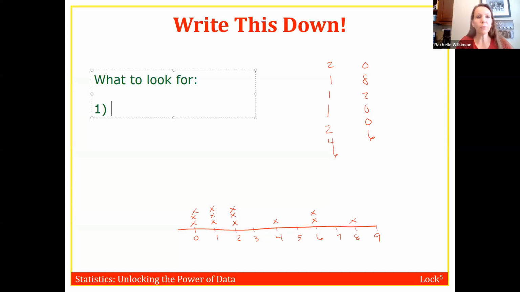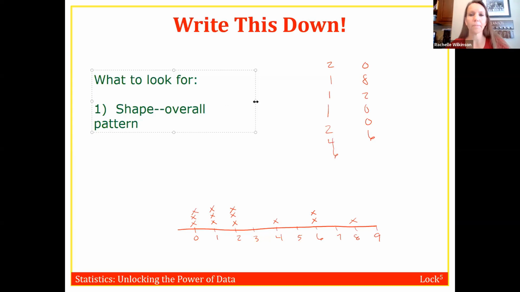So the first thing we're looking for is shape. Shape is the overall pattern of the points. And there's some very common ones that we're looking for, some common shapes. So there's symmetric, there's skewed. If we have skewed, then we're looking at right skewed, left skewed.